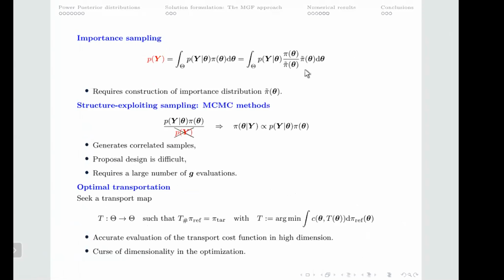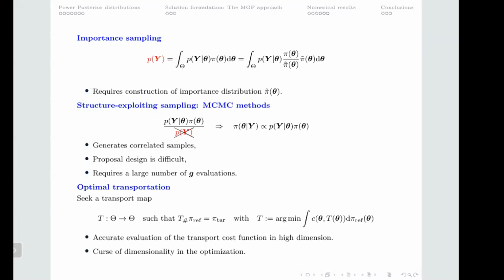In that case, the construction of the importance distribution is actually the whole work, and one may probably need to run an optimization just to find the maximum a posteriori estimate.